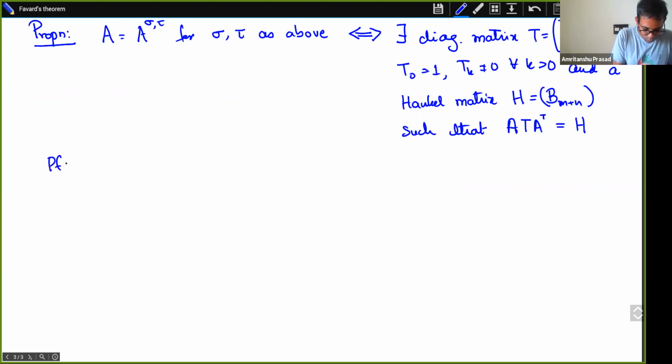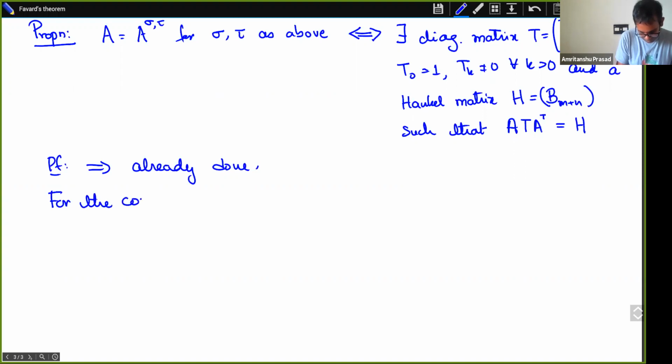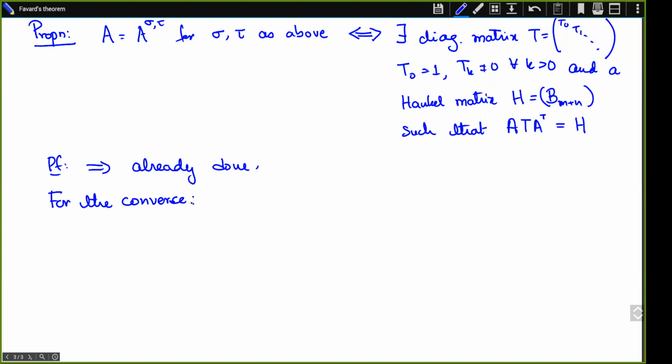So proof: we have already proved this part, right? We started with A sigma tau and we proved this. This Ti turned out to be the product of T1, T2, up to Ti, and the Hankel matrix turned out to be this. So for the converse, to show that these Ti are products of some T1 up to Tk, whenever you have such a sequence of non-zero entries, you can always write them as products.